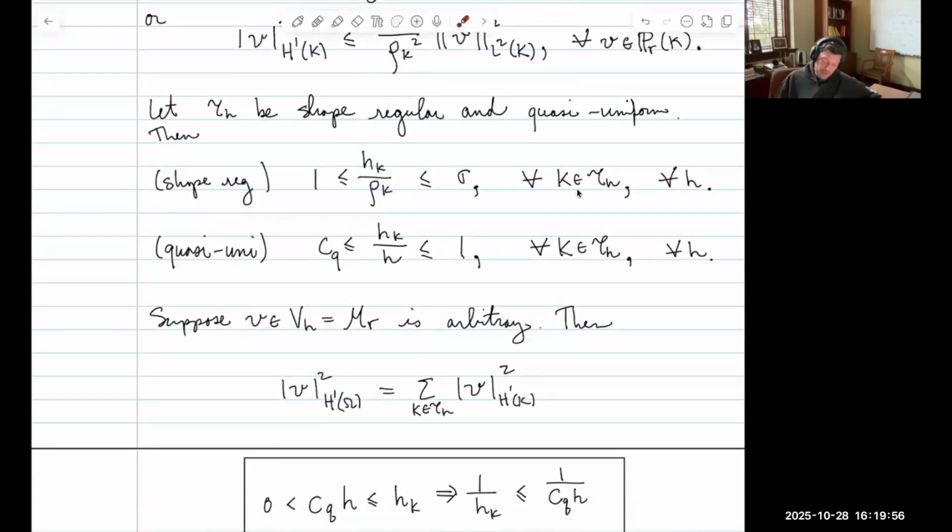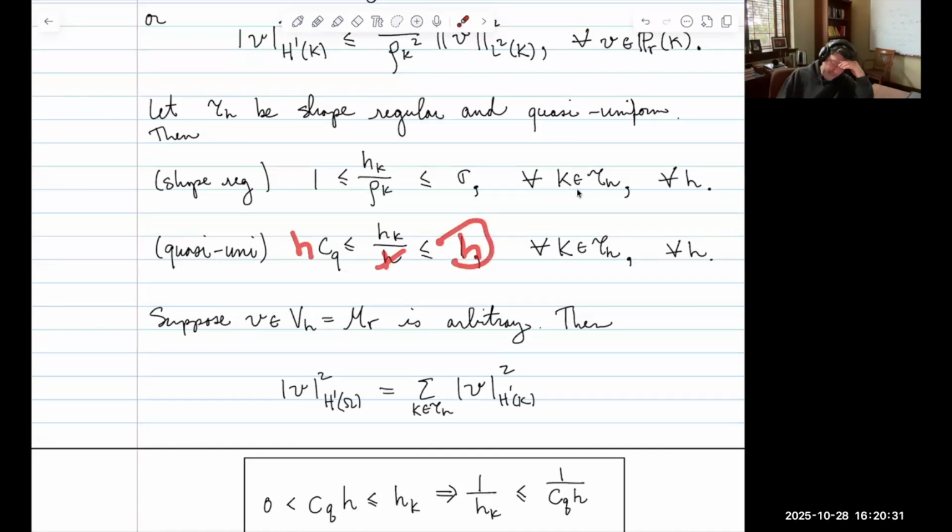Next, the quasi-uniformity says, roughly speaking, that h is always equal to the maximum mesh spacing in the triangulation. Well, this is saying that any diameter of any arbitrary triangle divided by h is bounded below by some c. So what does this mean? If we multiply all sides by h, we get h_K here and an h here.